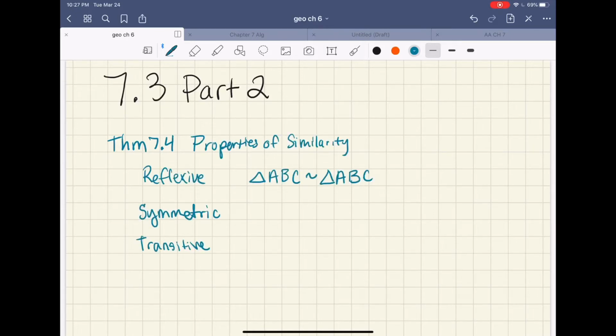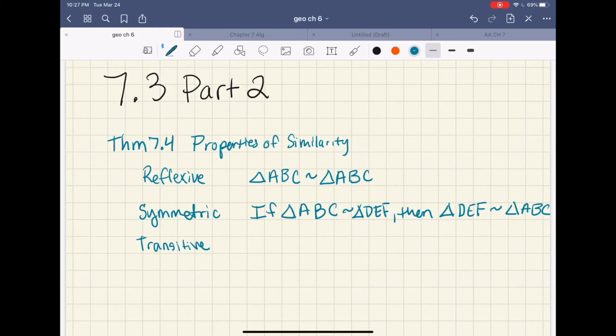The reflexive property says that a triangle is similar to itself. The symmetric property says that if triangle ABC is similar to triangle DEF, then triangle DEF must be similar to triangle ABC.